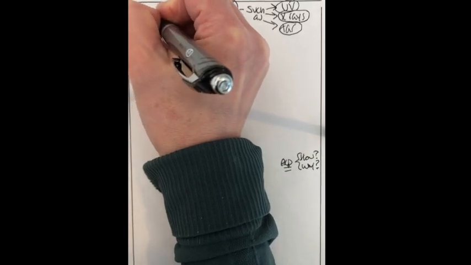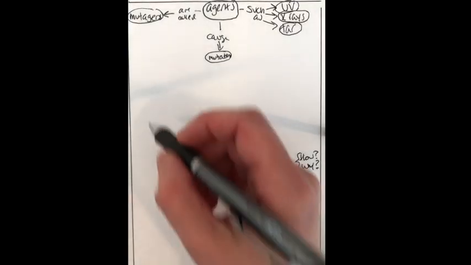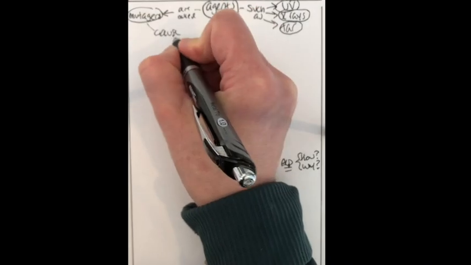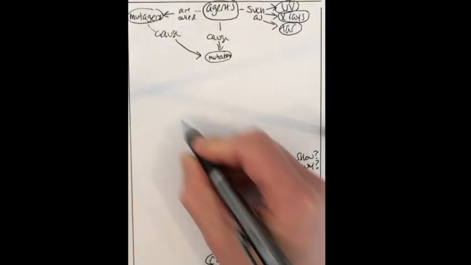This is an agent or a factor that causes mutation. So ultraviolet rays, x-rays, and tar are all considered to be mutagens because they cause mutations. I'm just gonna link that back down to mutations, cause, with an arrow.